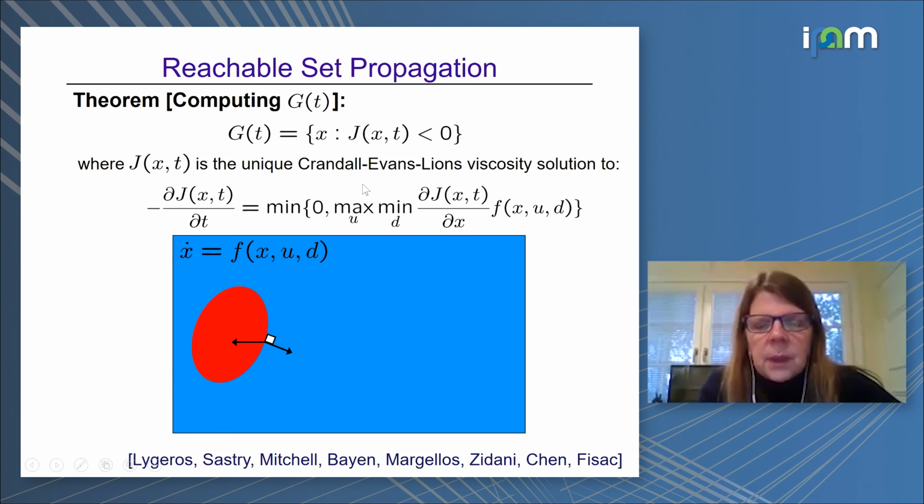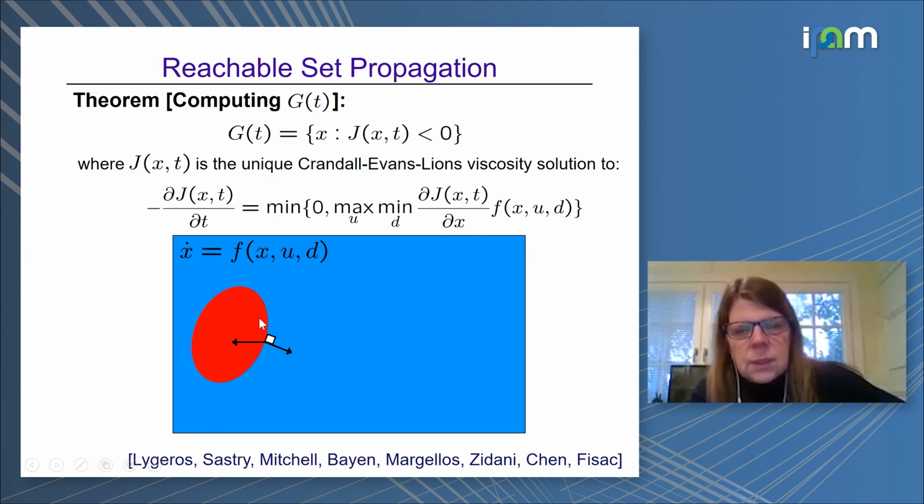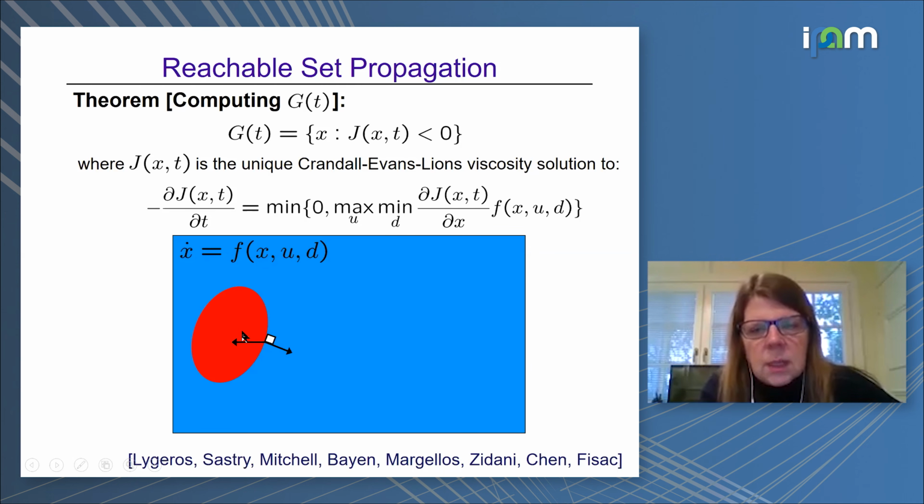And that function j can be computed by solving this particular form of a Hamilton-Jacobi-Isaacs equation. Isaacs because it's got this game problem in it, where the control is trying to do its best to keep the system out of this unsafe region for at most t time units, and the disturbance is trying to do its worst to get the system into that region.